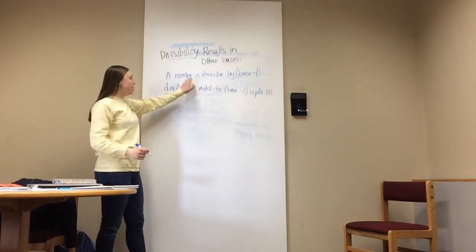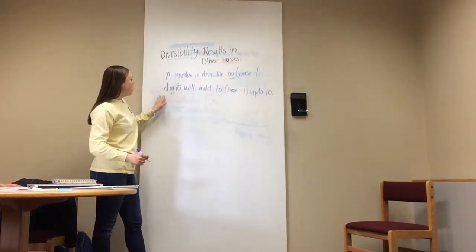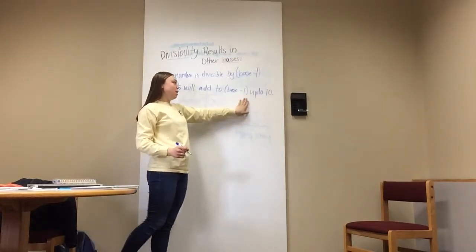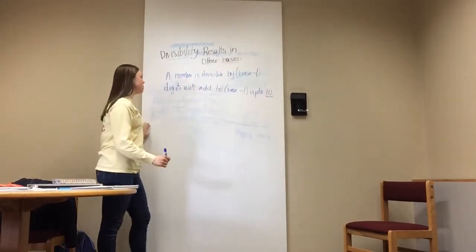So again, a number is divisible by the base minus 1 if the digits add to the base minus 1, and this is going to work only up until 10 in each of our bases.